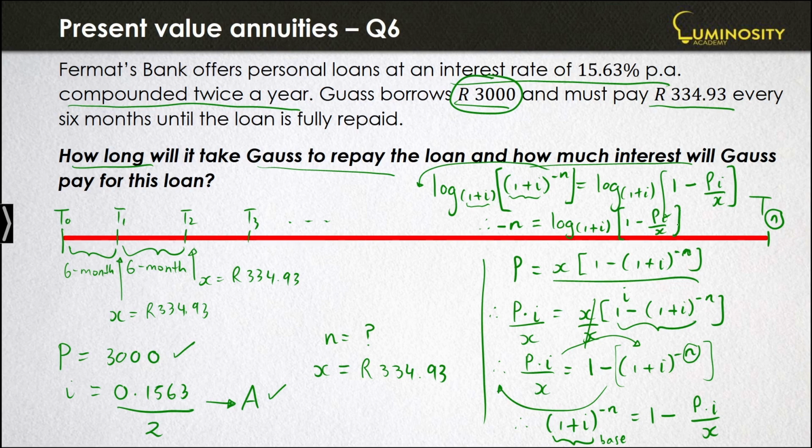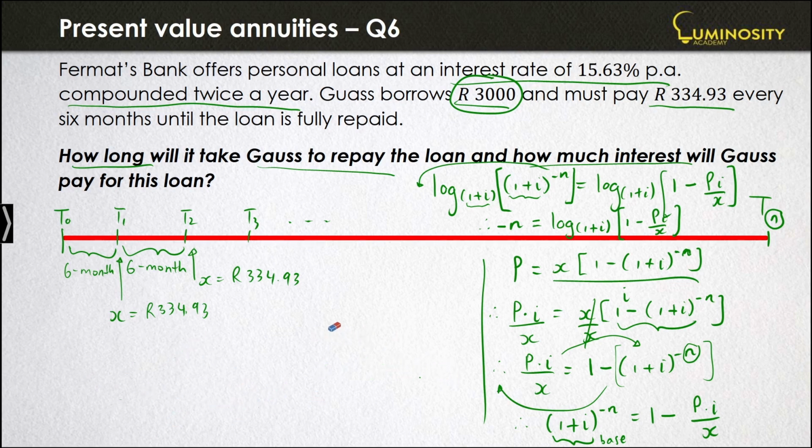So let's just clear this up so we have it written a bit more neatly so we can actually see what's going on here. Right, so at each algebraic step, just make sure that you're applying your exponential and logarithmic laws correctly. So far we have negative n equals the log, with the base being 1 plus i, of the term 1 minus Pi over x.